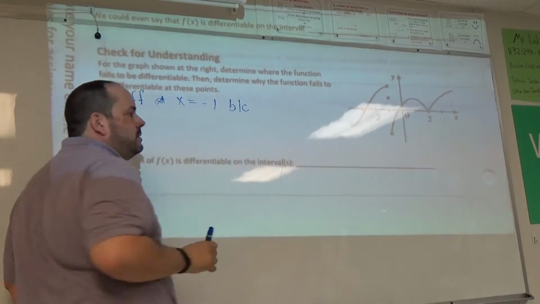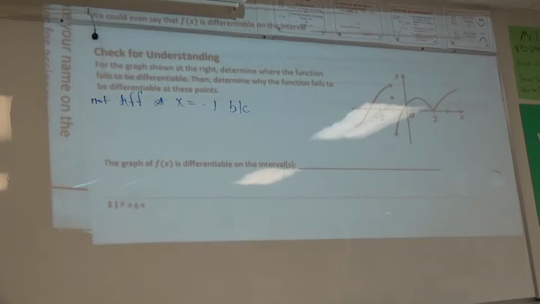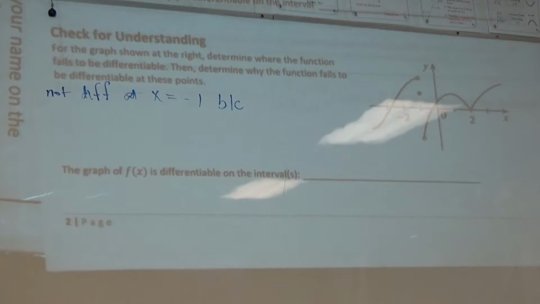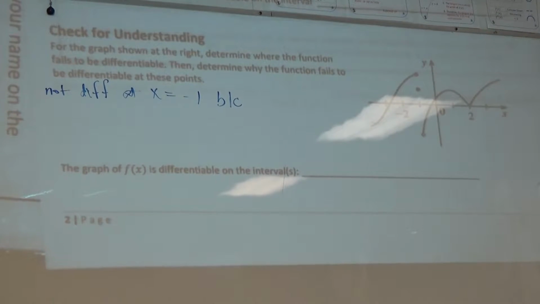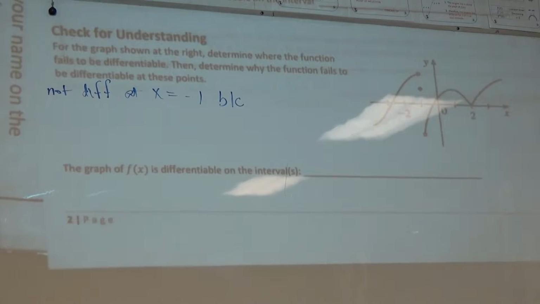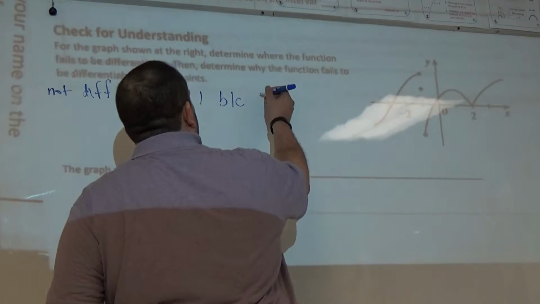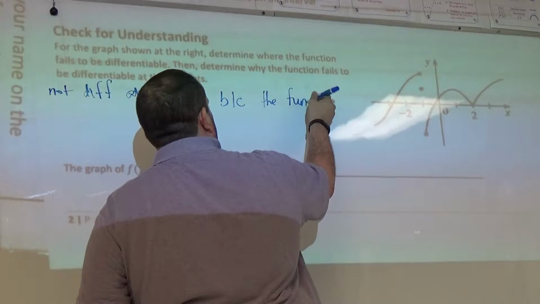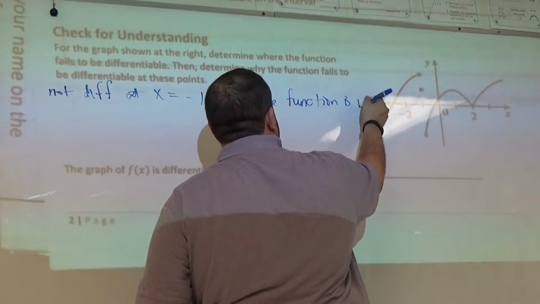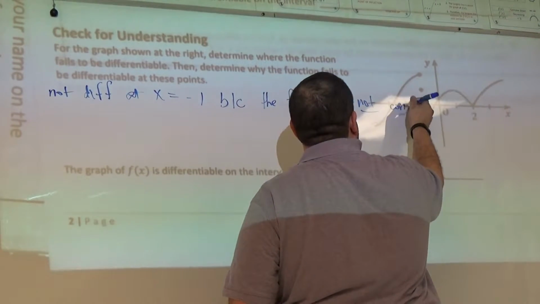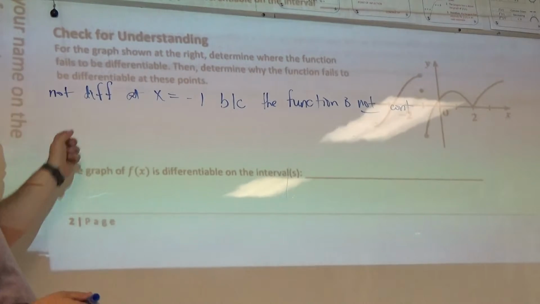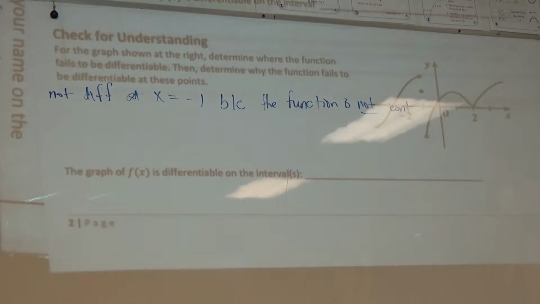Now tell me why. What's the because? Because the function is not continuous at x equals -1. So that is one place.